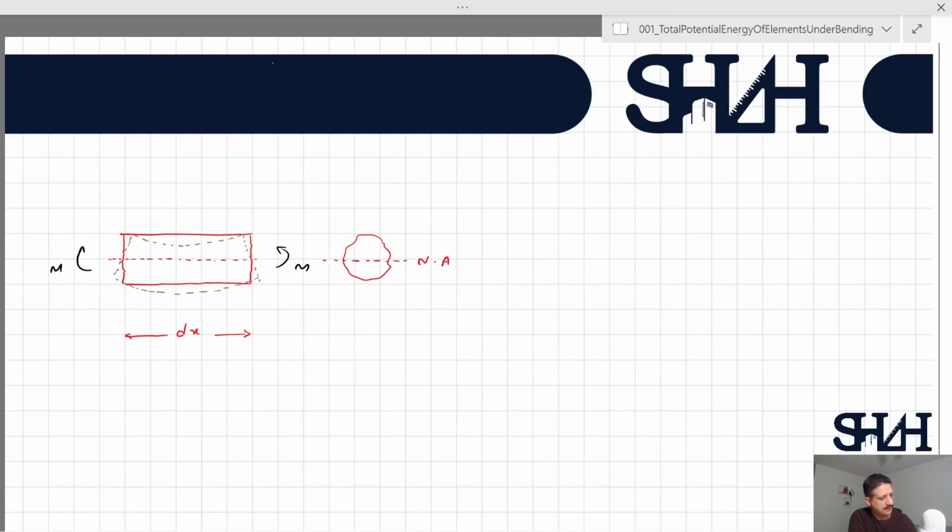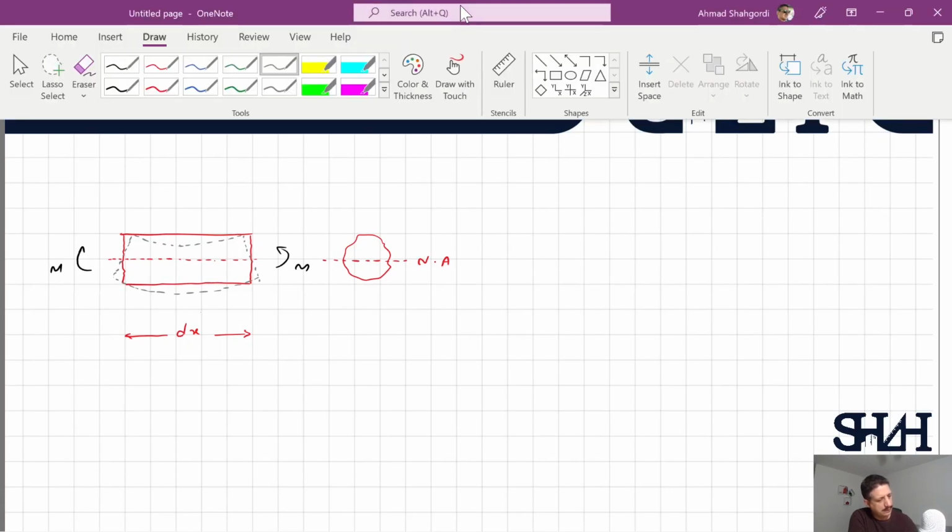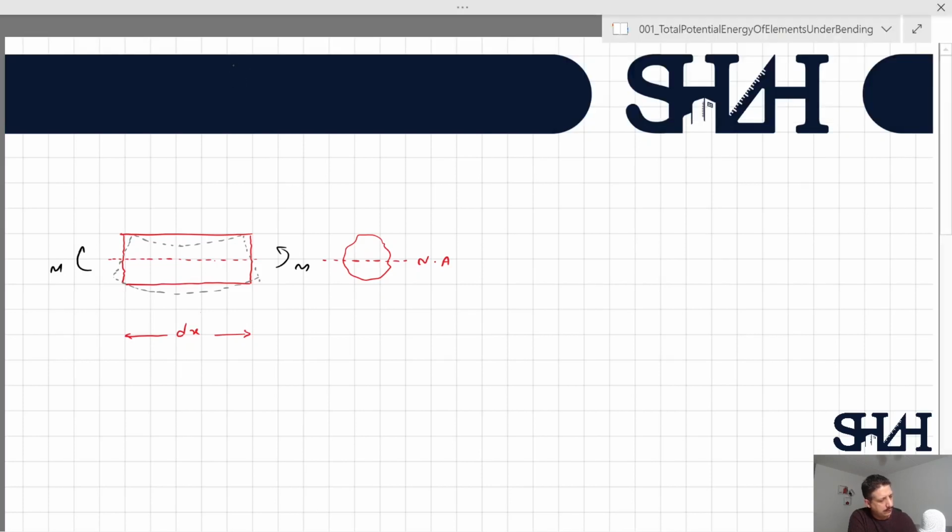Very exaggerated. We know that the neutral axis will remain the same, so there is no elongation in that. Strain is 0.